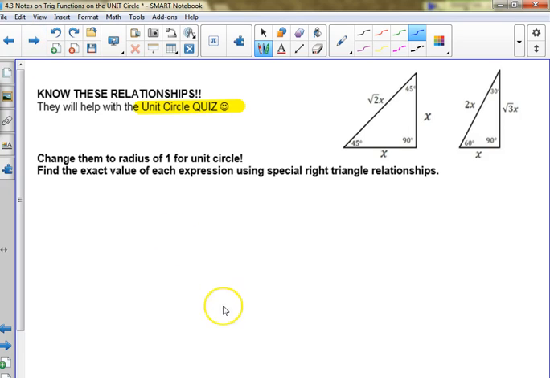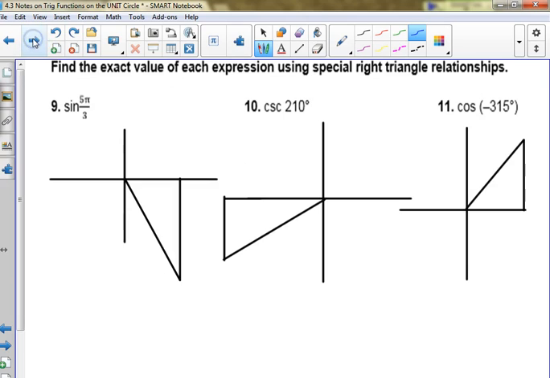All right, unit circle stuff. If you know these relationships, we're going to talk about the unit circle. I don't want you using your pink sheet right now. I want you thinking about 5 pi over 3, okay? I would like you to be able to do some mental math here.